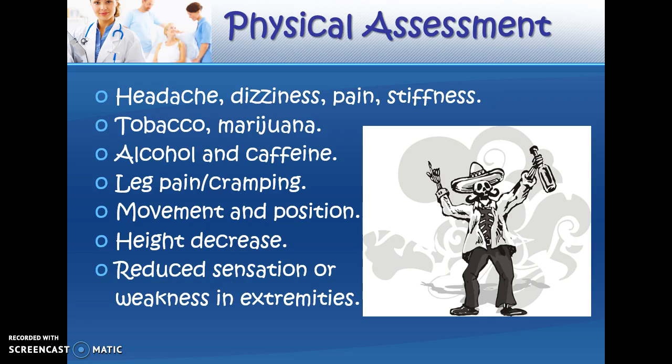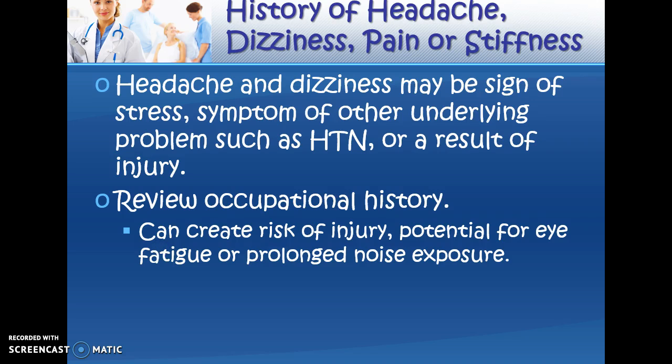And a loss of sensation or weakness in the extremities can indicate neurologic changes. So that's what I was talking about with headache. It can be a sign of stress or underlying problems such as hypertension. So we want to review their occupation.